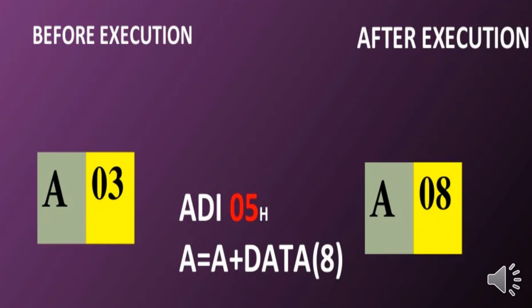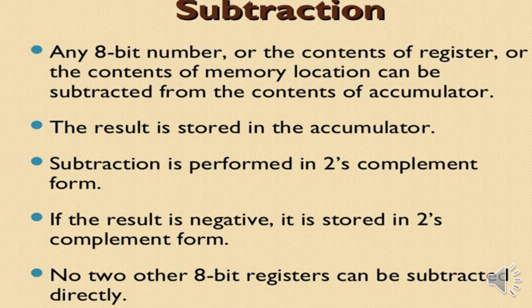After the execution, the accumulator content is loaded with 8. So here, immediate data is also one of the operands of the ADI instruction. The result is stored only in the accumulator.